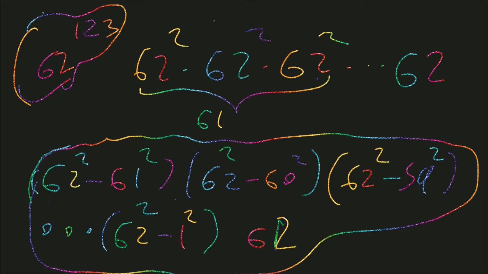Now if we compare these two numbers, both are multiplied by 62, so we can just neglect that, because doing the same operation to both doesn't change anything.